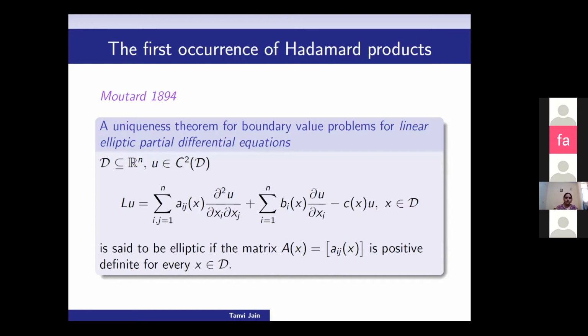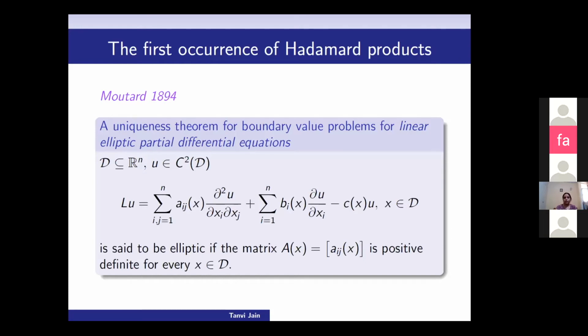This is called elliptic if the matrix A(x), with the ijth entry aij(x), is a positive definite matrix for every x in D. So now we are up with the matrices.